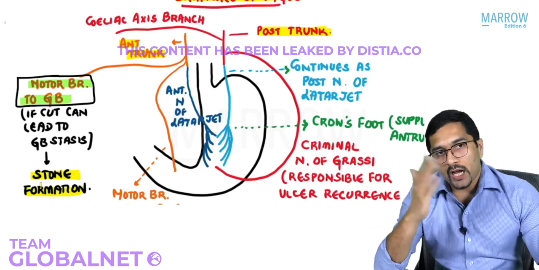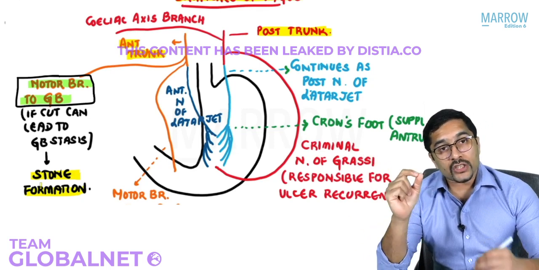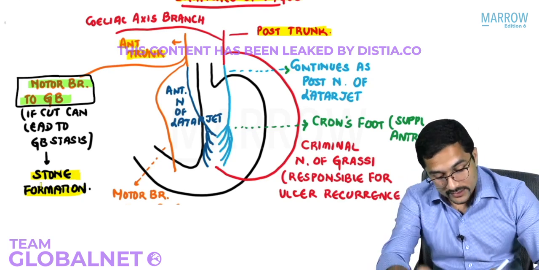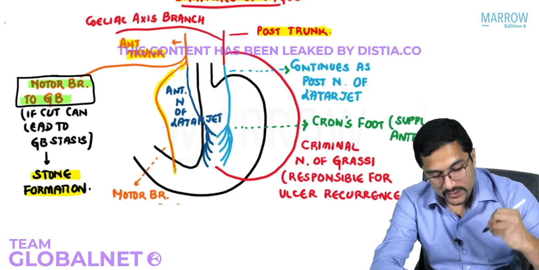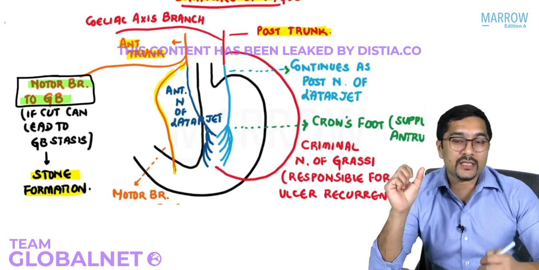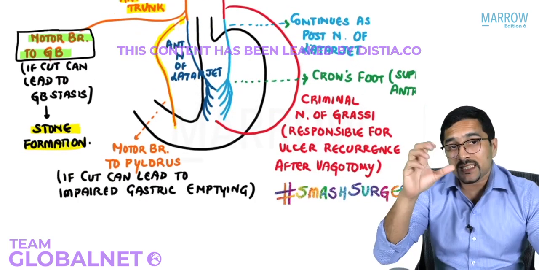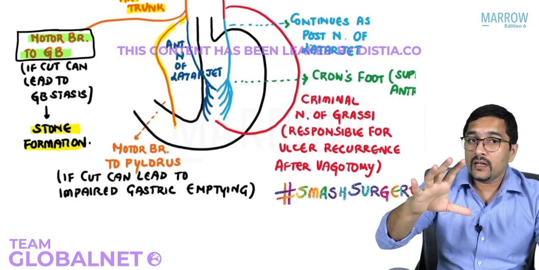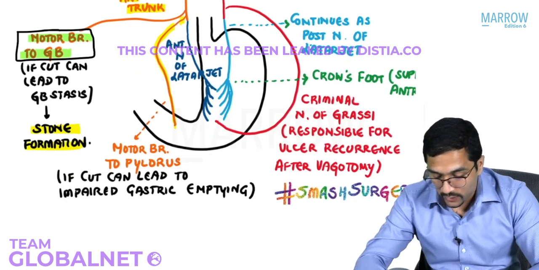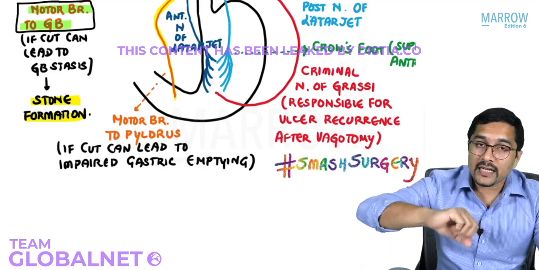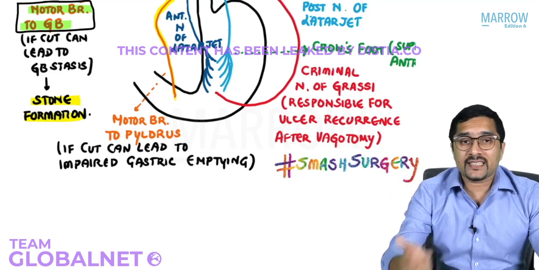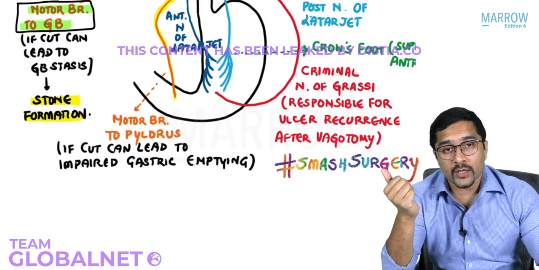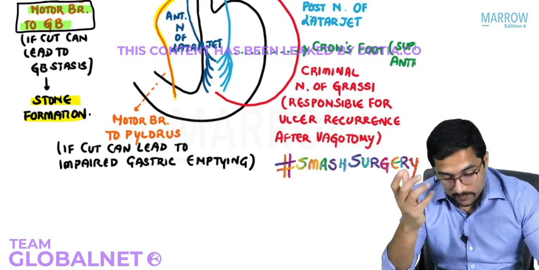Now, after the gallbladder branch, another branch goes to the pylorus. You can see this branch which is going to the pylorus. This pyloric branch is also a motor branch. This stimulates pyloric contraction, and the food exits the stomach through the pylorus.